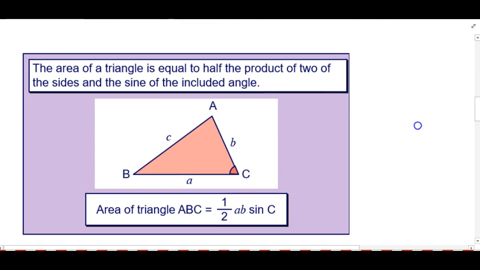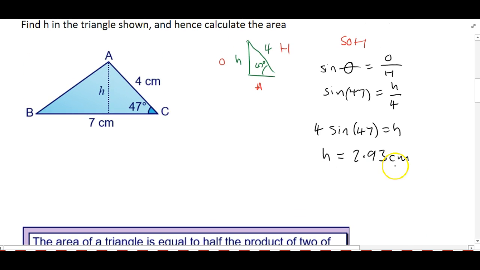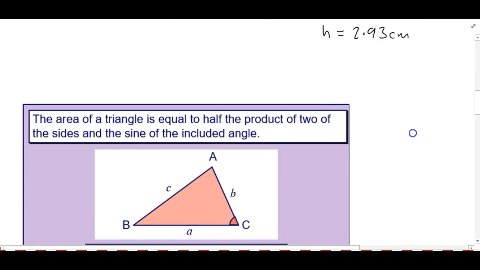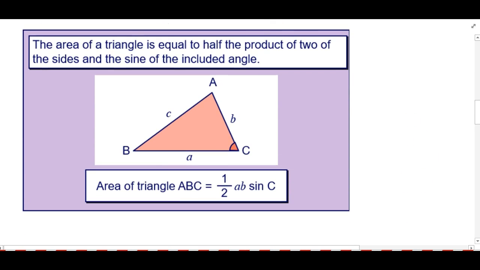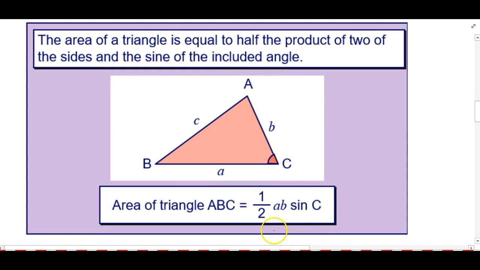Now really, we can actually simplify the height then as being a function of sine. So if you look at this equation here, for the area of a non-right angle triangle, you've still got the half times the base, but you've also got this sine function in here.